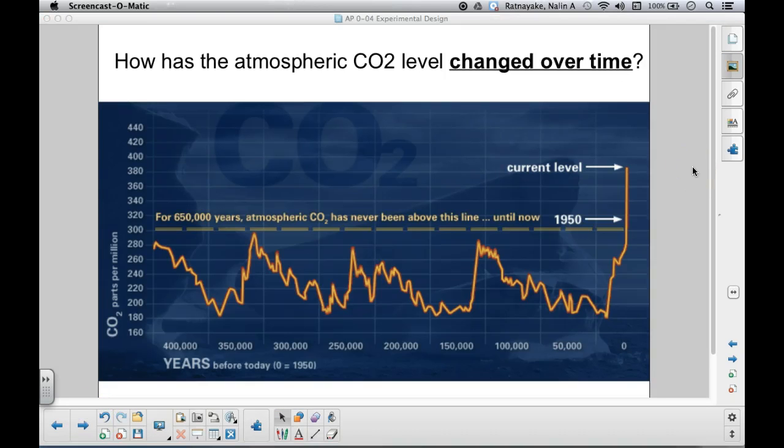Here is an example graph from my fourth type of testable question, which was looking at change over time. This is from the IPCC, the Intergovernmental Panel on Climate Change. We see on the x-axis years before 1950, and on the y-axis carbon dioxide in the atmosphere in parts per million.